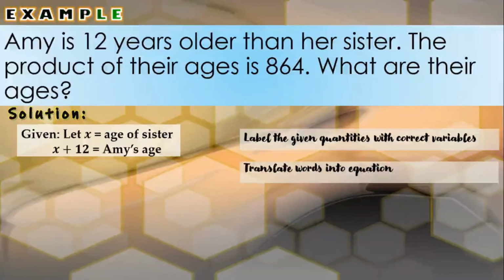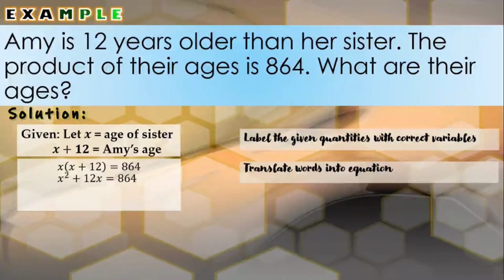And then, we have to translate words into equation. So, ang ating magiging equation ay x times x plus 12. So, kaya siya times, it is because, sabi doon sa problem ay product. Okay? The product of their ages is 864.